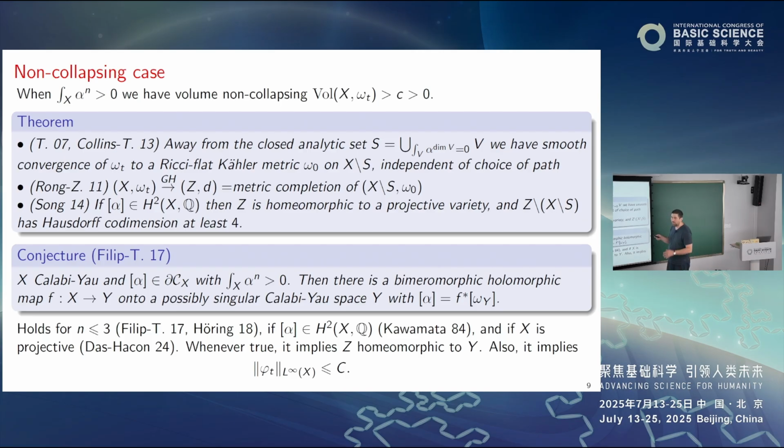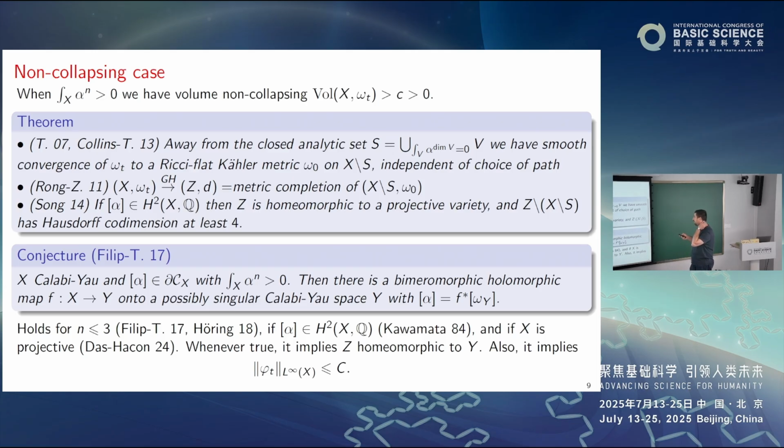So these are the submanifolds whose volume in the Ricci-flat metric is going to 0. So these are submanifolds that are shrinking, or subvarieties that are shrinking. Take the set theoretic union, then this set theoretic union is actually a closed analytic subvariety. It has maybe many irreducible components, but finitely many. And away from this, you have smooth convergence to a Ricci-flat metric on the complement of this subvariety. This limit is independent of the path, so you always get the same limit.